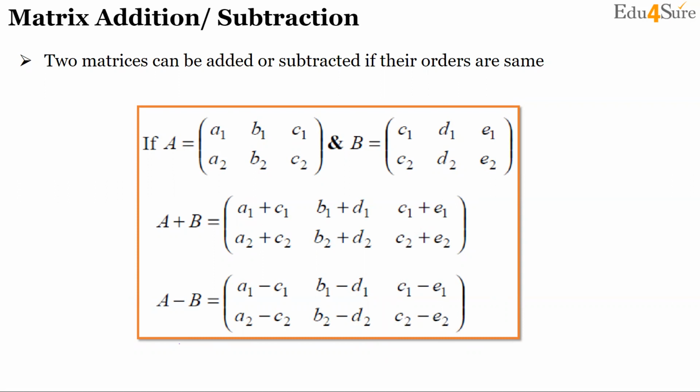Now we are going to see how we can perform arithmetic operations on matrices. Here you can see I have one matrix A, which has the elements A1, B1, C1, A2, B2, C2. Similarly, I have another matrix B, which has these elements.